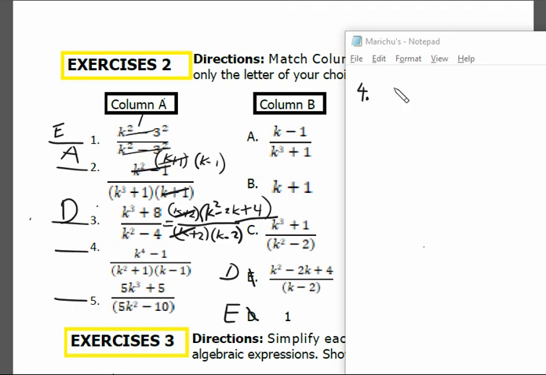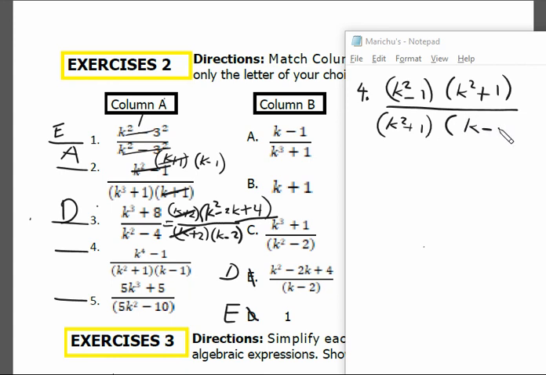So this becomes now k squared minus 1 times quantity k squared plus 1 all over the denominator. I'll just copy the denominator, k squared plus 1, and we have k minus 1. Okay, cancel this out, and take note we can still factor this.